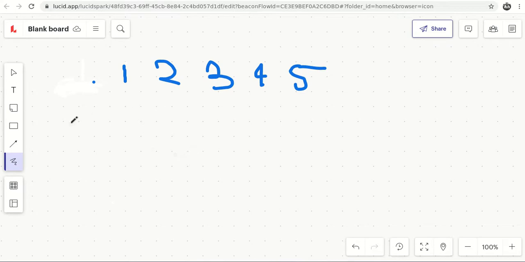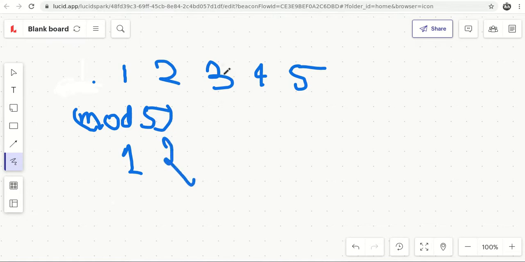Now if we apply a mod operation, mod 5, then 1 mod 5 is 1, 2 mod 5 is 2, 3 mod 5 is 3, 4 mod 5 is 4, and 5 mod 5 is 0. That is understandable, I think.